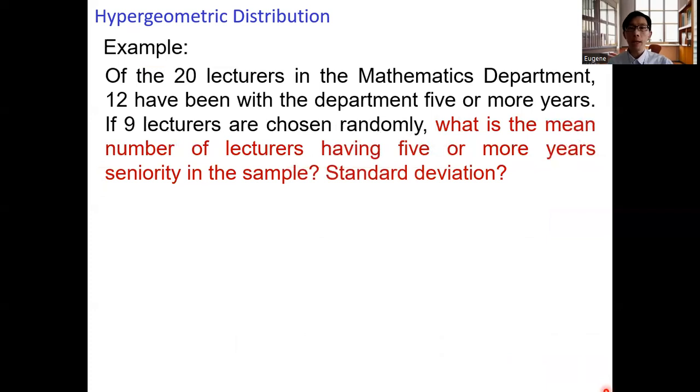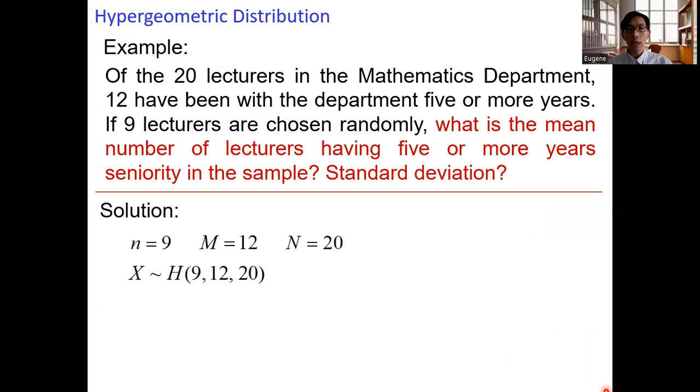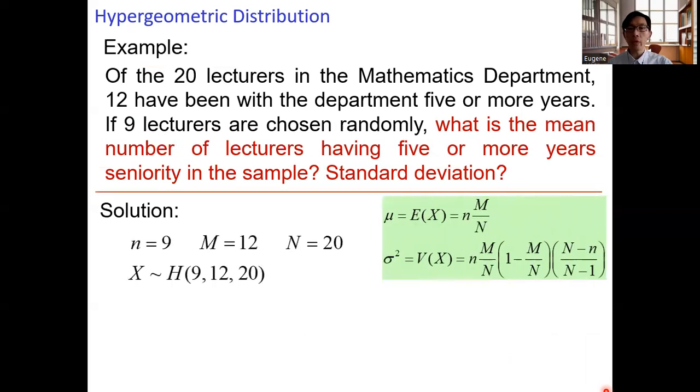How about the mean and the standard deviation? Directly plug in with the formulas. The mean equals the sample size times big M over big N. And then we have the variance formula.